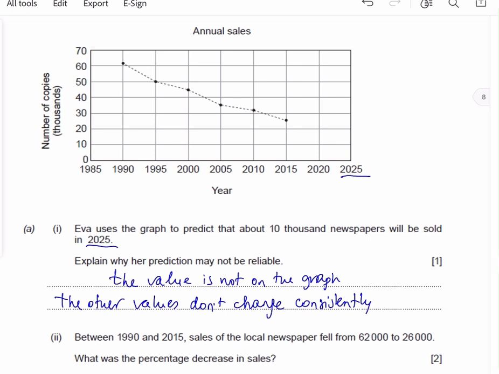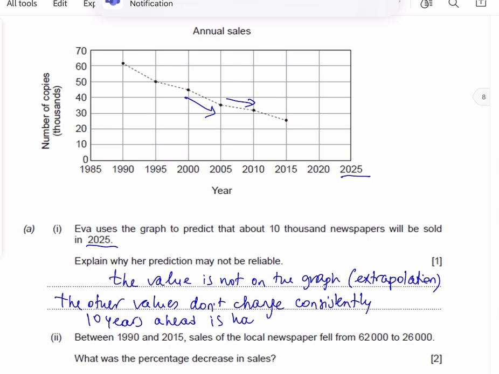For example, from 2000 to 2025, the sharper fall compared to 2005 to 2010. So there is no consistency here. You don't need to write extrapolation in your paper. I'm just explaining that if there is no value on the graph and you just extend the line, this is what we call extrapolation. And this kind of data is not always reliable.